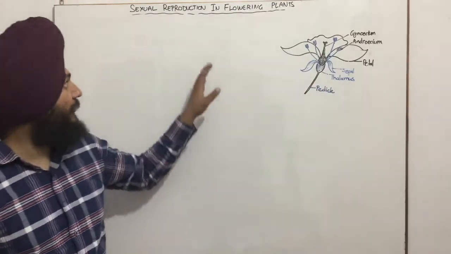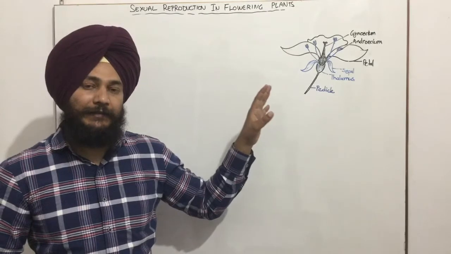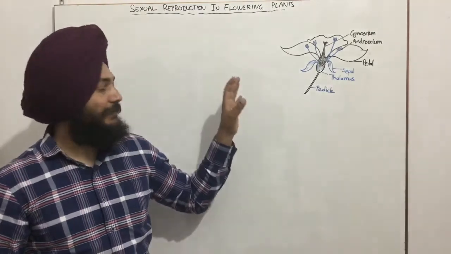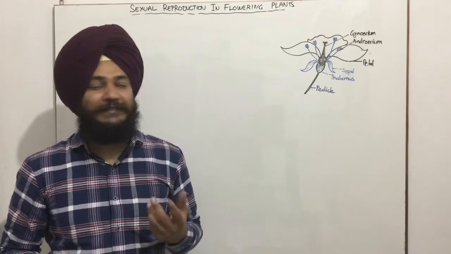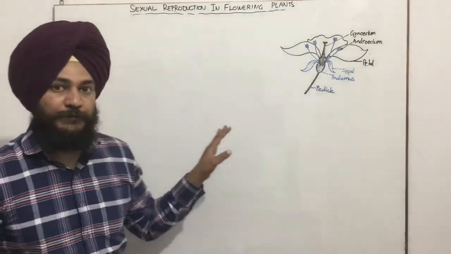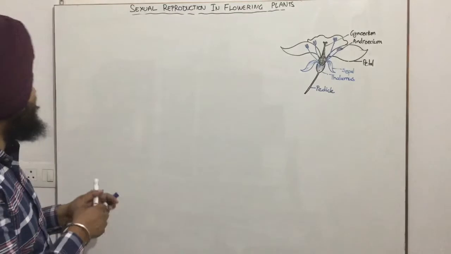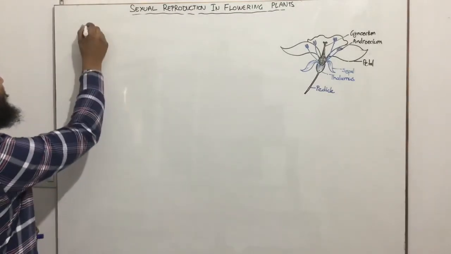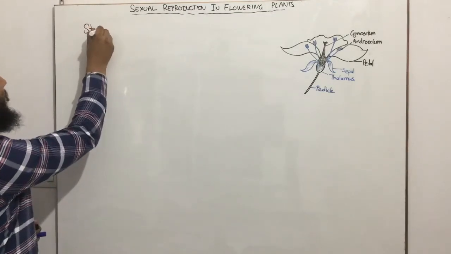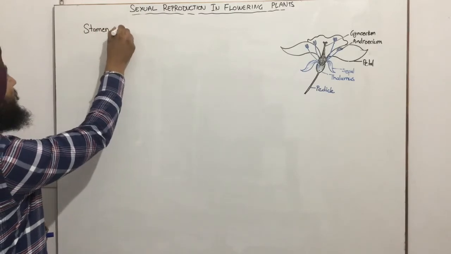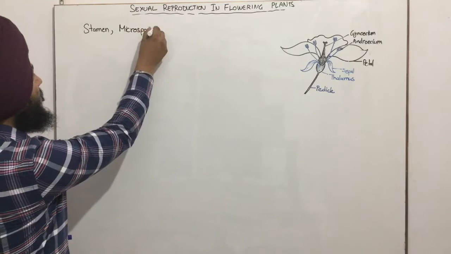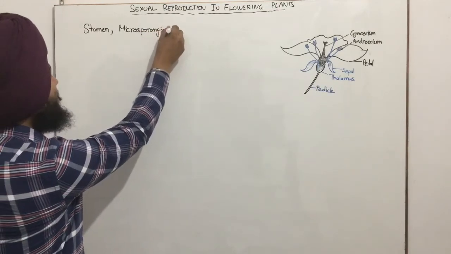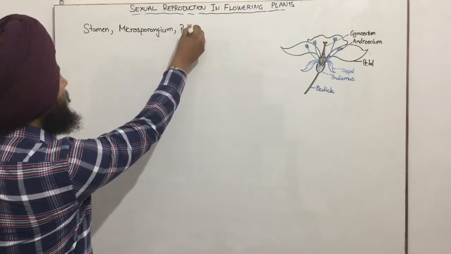ठीक है. So first we will discuss the various structures that are associated with microsporogenesis, or the synthesis of the microspores. First we will discuss the structure of the stamen, and then the structure of the microsporangium, and then the structure of the pollen grain.